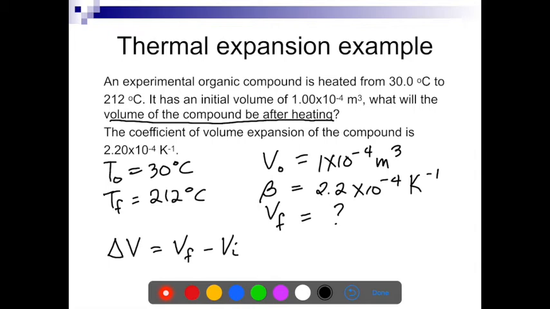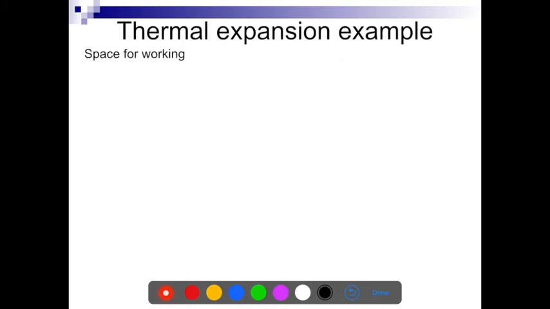Therefore, if we want to find the final volume, given the initial volume, we need to solve for the change in volume delta V. And we can solve for the change in the volume delta V using the equation on volume expansion. Delta V is equal to beta, coefficient of volume expansion, multiplied with the initial volume multiplied with the change in temperature.